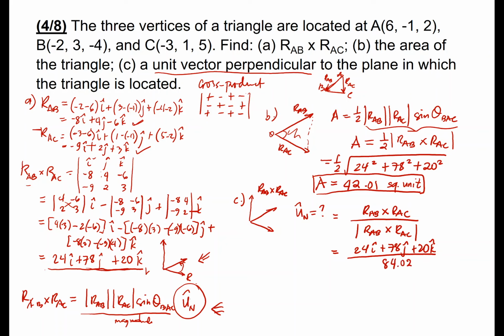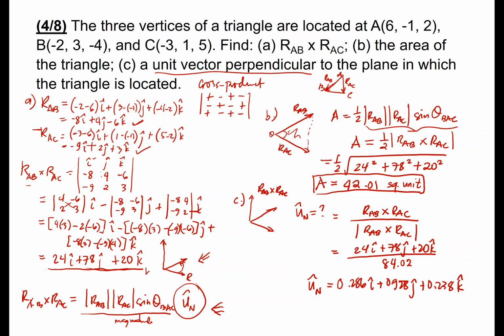We can check the unit vector because it's always less than 1. So the answer here is 0.286i plus 0.928j plus 0.238k. So that's the unit vector.